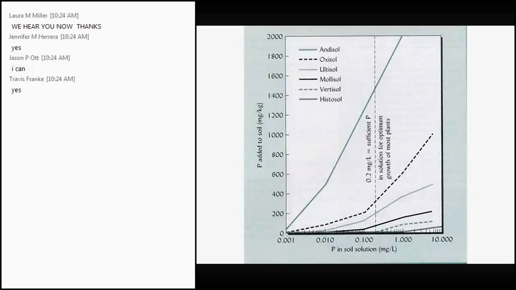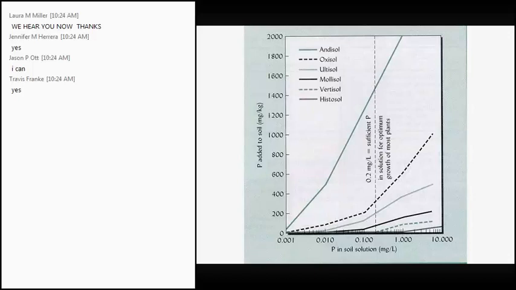So, from a standpoint of phosphorus absorption to these things, the more amorphous material or non-crystalline material that is there, and the more iron and aluminum oxides that we have in that material, the more that particular soil order will fix phosphorus.